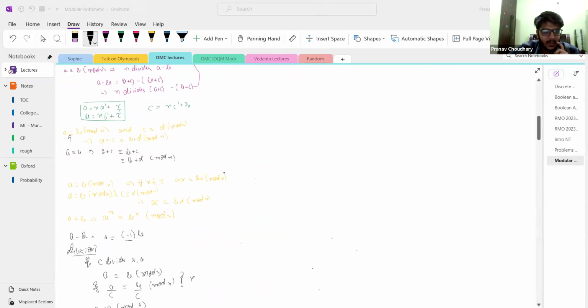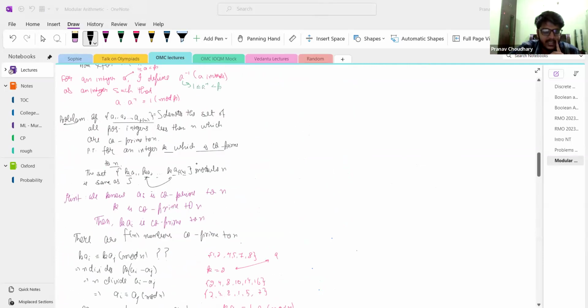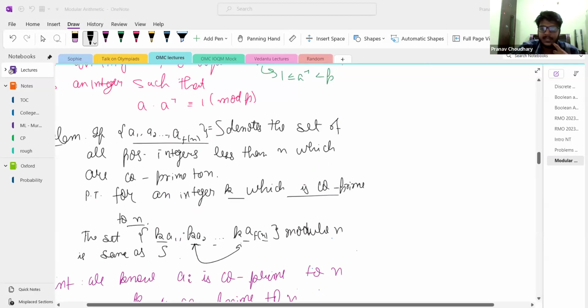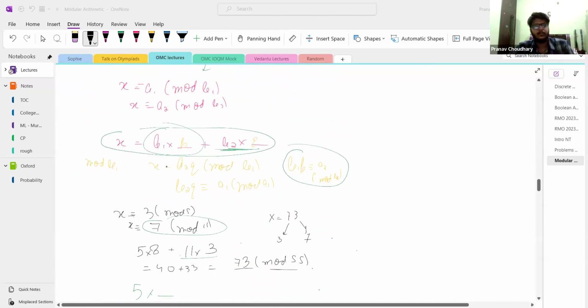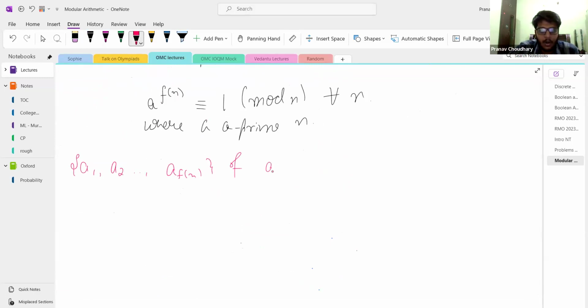We did this thing in the very beginning of the class, right? That if I have this set and I multiply by some integer co-prime to n, then this set is the same set as before, right? So I use the same idea here. I just consider this set a1, a2, so on till a f of n, of all integers co-prime to n.